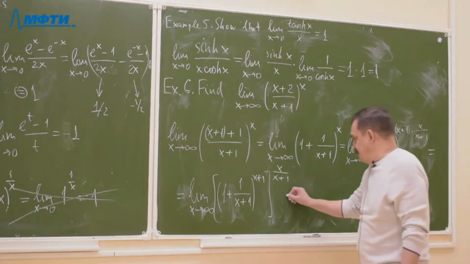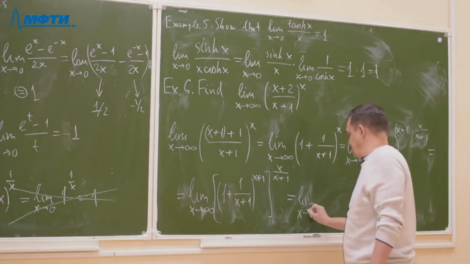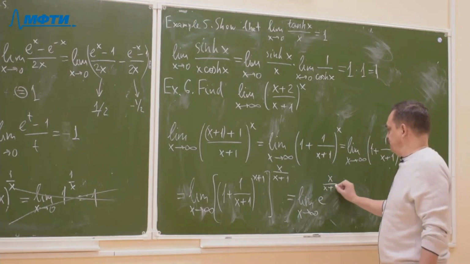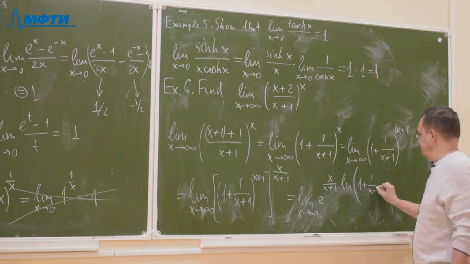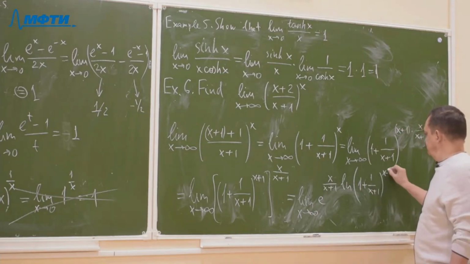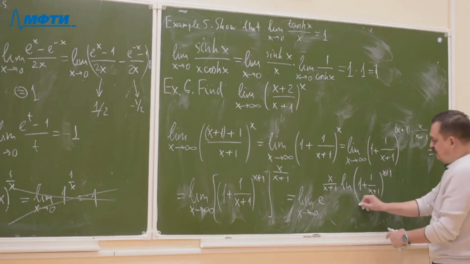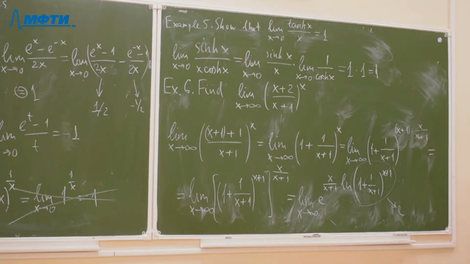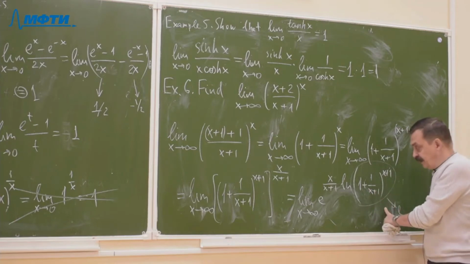The best way is to use the limit as x tends to infinity of e to the power x over (x plus 1) times the logarithm of those brackets. And then everything is okay. So this tends to e. Logarithm is a continuous function, so the logarithm of e is 1.